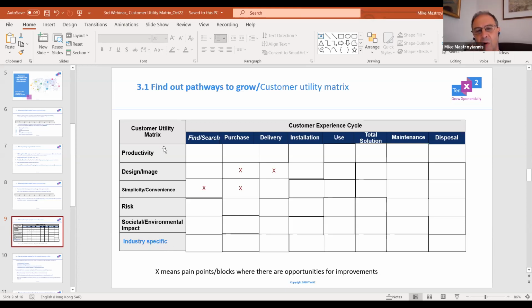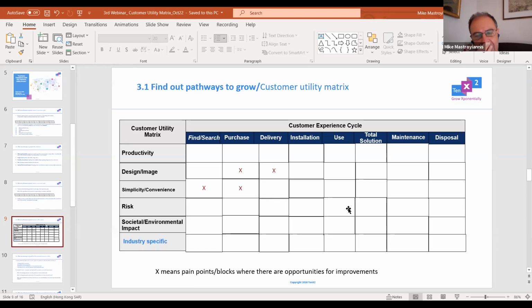Now, by asking the question, how can we improve the productivity, for example, during the find or search process of a solution, right? Then we can find pain points. The same question we are asking for the purchase, delivery, and in this way we fill this matrix with pain points.